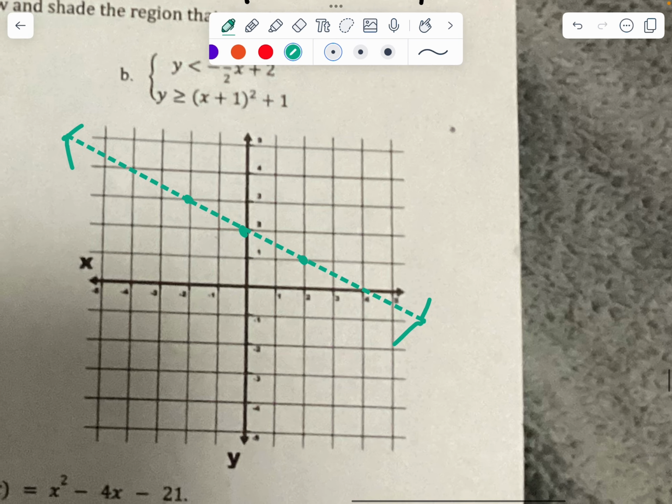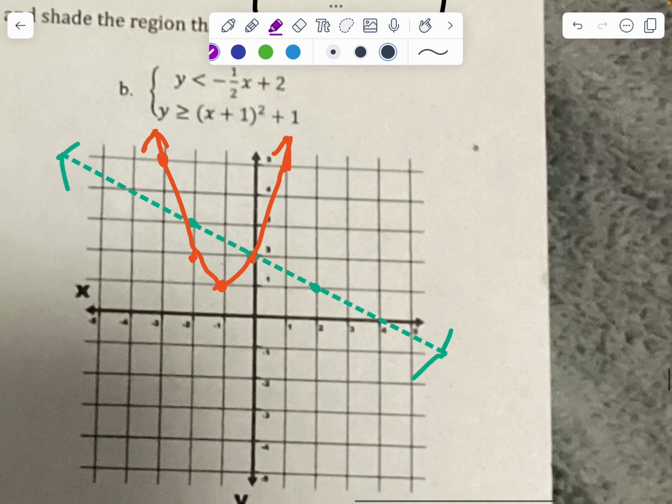And then graph the other one real quick. Gonna look like that. It's equal to, so it's filled. Alright, and then we need to figure out where to highlight it.